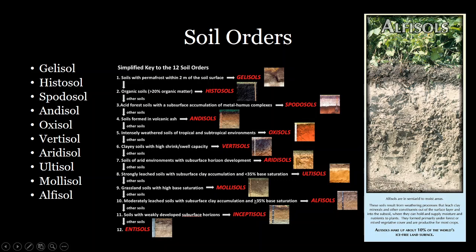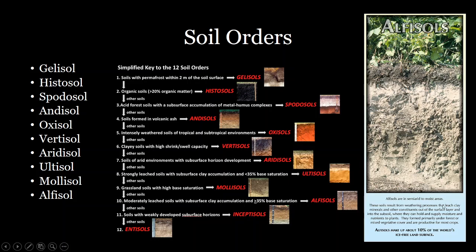Next, we have alfisols. So alfisols are soils that have been moderately leached but have fairly high moisture contents. And so alfisols are known for very well-developed E horizons. And you can see that here, that E horizon that's developing under the topsoil.